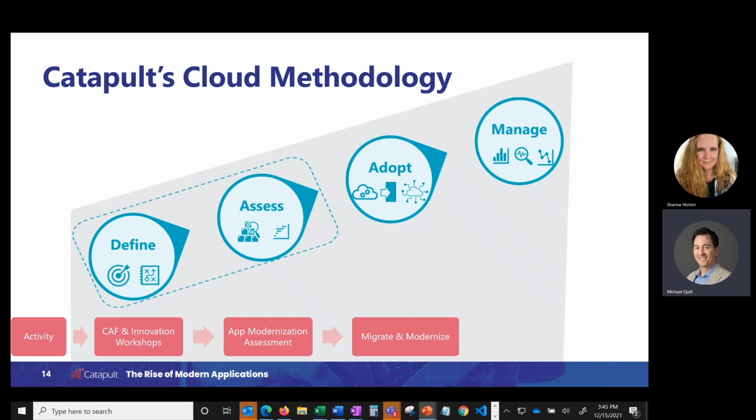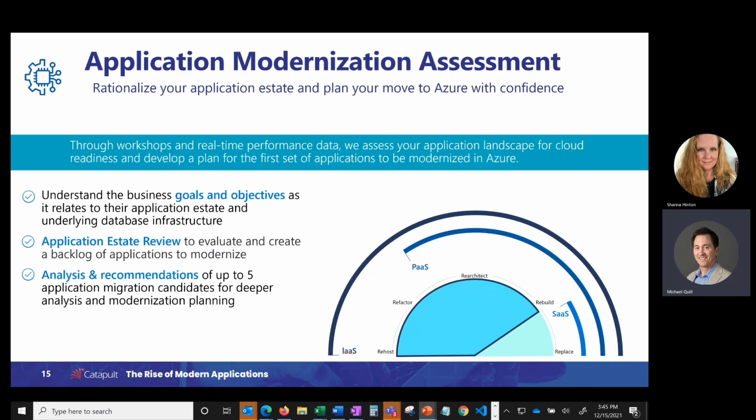And specifically around that, one way Catapult helps our customers is we offer an app modernization assessment. This is really that step back of looking at your entire application estate, helping you understand what your key business drivers and outcomes are, looking at that estate, cataloging them, helping you make some determinations about the impact of modernization versus the cost of maintaining the current state, right?